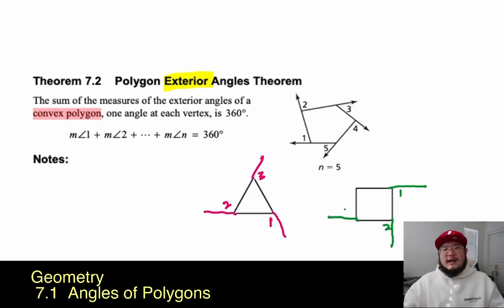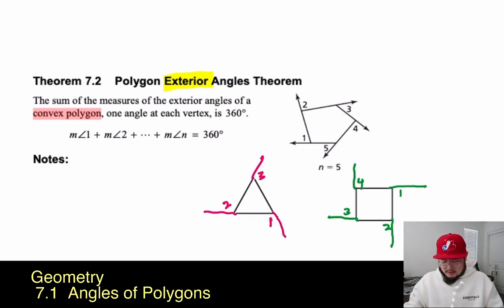I extended all 4 sides to create 4 exterior angles. And guess how much those exterior angles are equal to? You got it, 360 degrees. So the exterior angles will always equal 360, no matter how many sides you have, as long as it's a convex polygon.